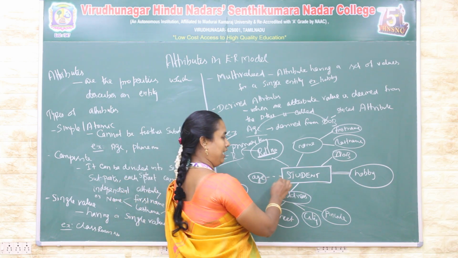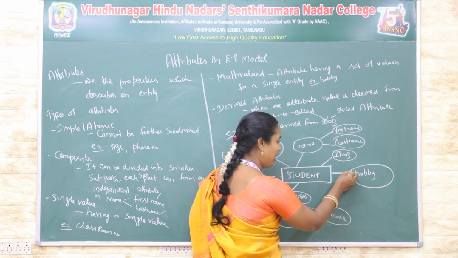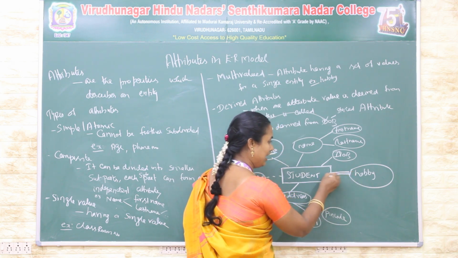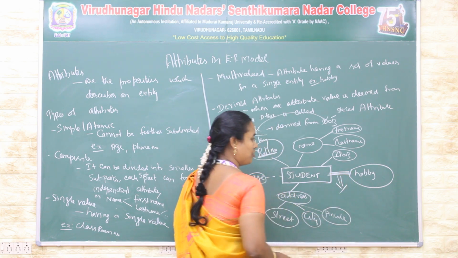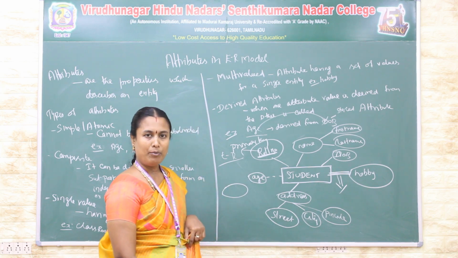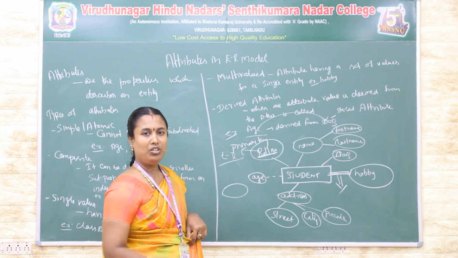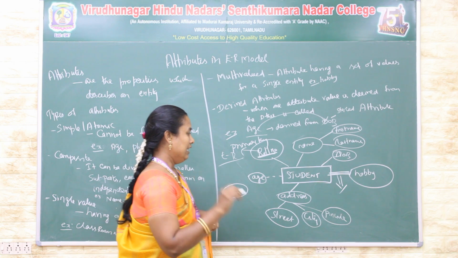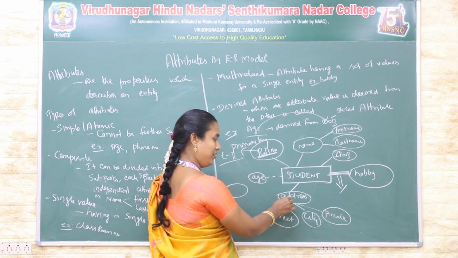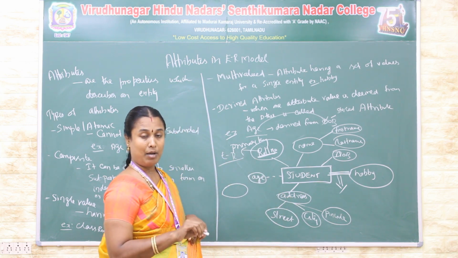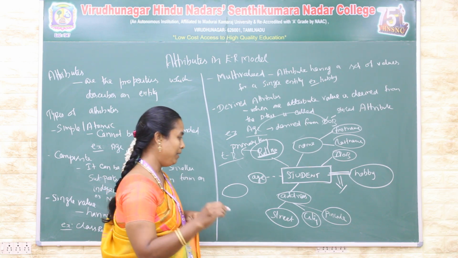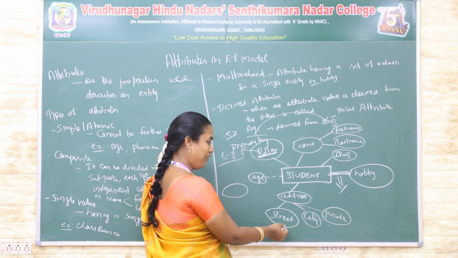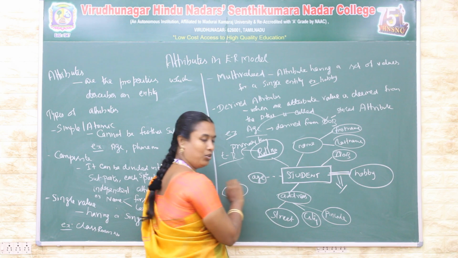In this ER diagram, a multi-valued attribute is linked with a double line. So the multi-valued attribute is linked with the entity using the double line. Then what is the address field? The address field is also an example of a composite attribute, because it contains the fields street, city and pin code.